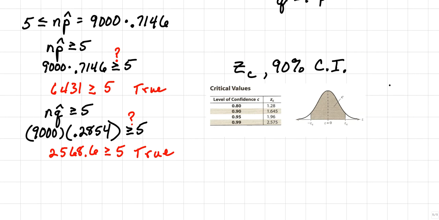Unfortunately, table 4 in our textbook does have this quick and handy reference, and we'll note that level of confidence C, in this particular case, is 90% or 0.90. That is going to indicate that our z sub c is going to be 1.645, and we will use that in our calculations.